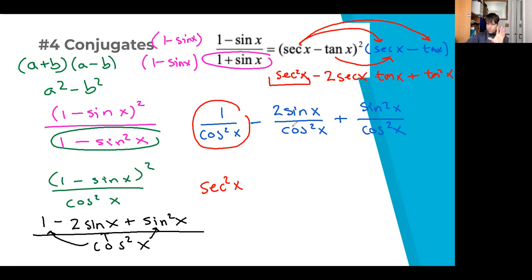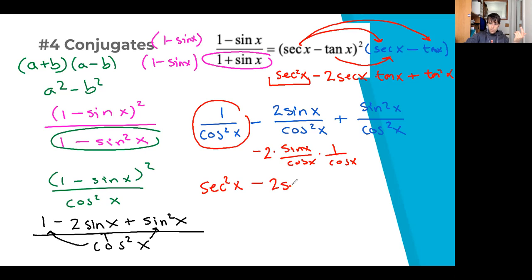This one right here is a little bit harder to see, but if I break this up strategically, I end up getting negative 2 times sine x over cosine x times 1 over cosine x. Here's my tangent, here's my secant. Negative 2 secant x tangent x. That's what I get.